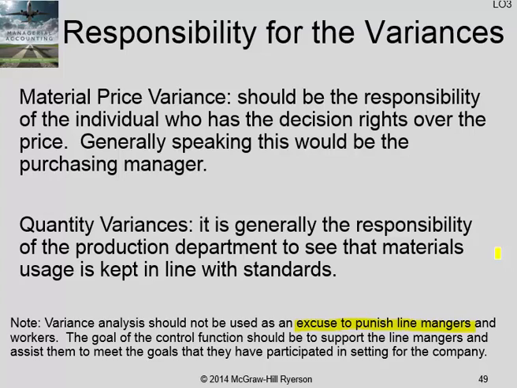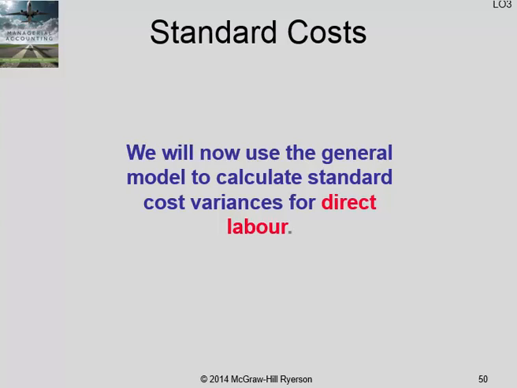So, ordinarily speaking, in a materials price variance, it's whoever goes out and does the buying, right? So, more than likely, that would be the purchasing manager. The quantity variance, though, is more the people running the production aspect. And so those would be the default positions of responsibility for these two kinds of variances. But again, you've got to investigate more to figure out what the real underlying reasons are.